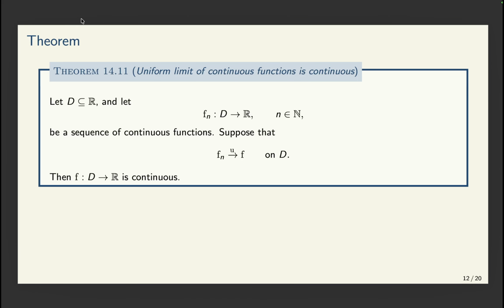So, the uniform limit of continuous functions is continuous. That is exactly the reason we become interested in uniform convergence in the first place. It means that if you have a sequence of continuous functions that uniformly converges to a function, the limit function remains continuous.